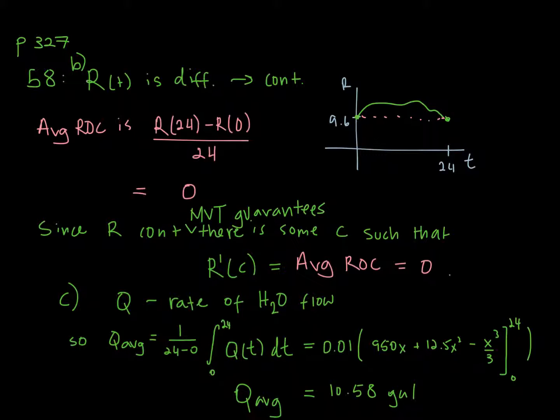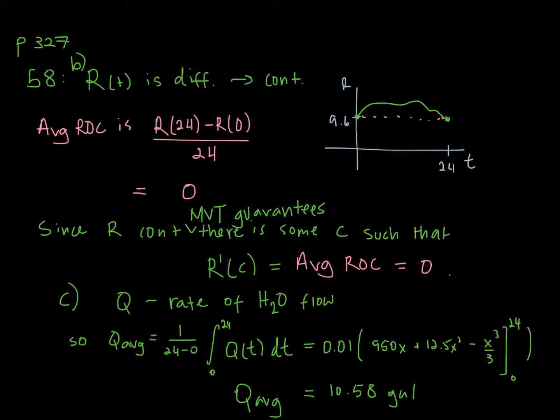In part C, I'm given a function q which models the rate at which water is flowing, and it asks me to find the average rate of water flow. Well, that means I'm finding the average value of this function q, since q gives me the rate of water flow. So using the theorem we have for finding the average value of a function, I can find the average value of q by taking 1 over b minus a times the definite integral from 0 to 24 of q of t dt.